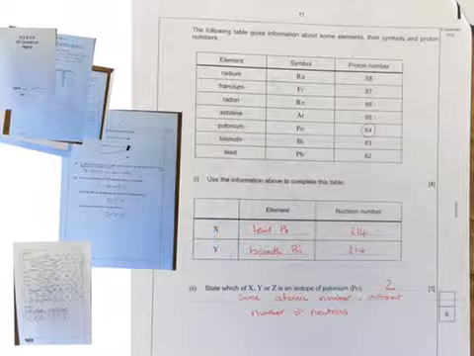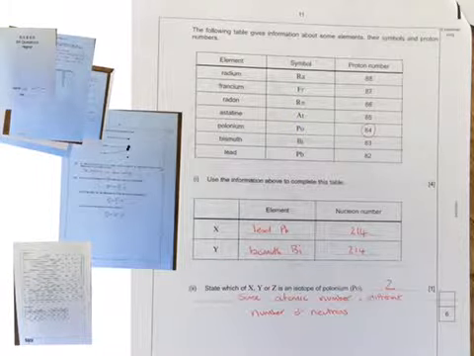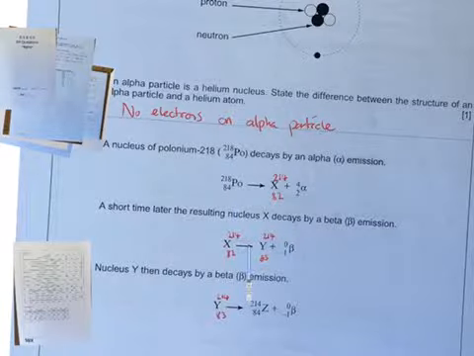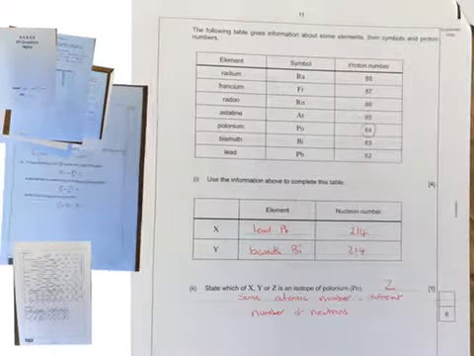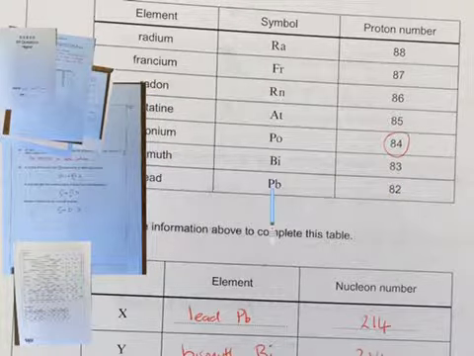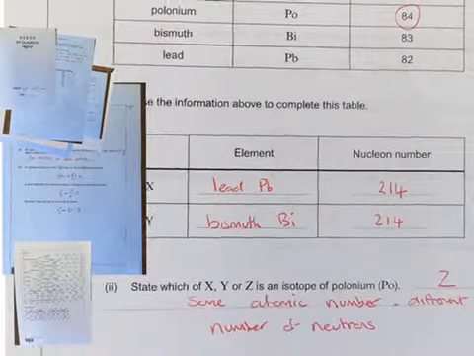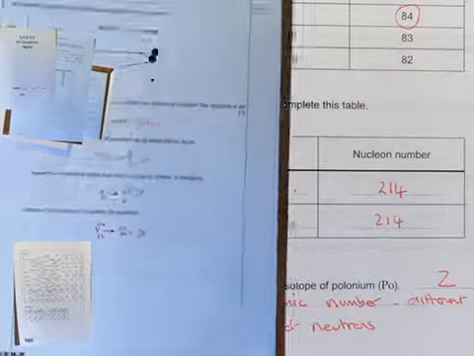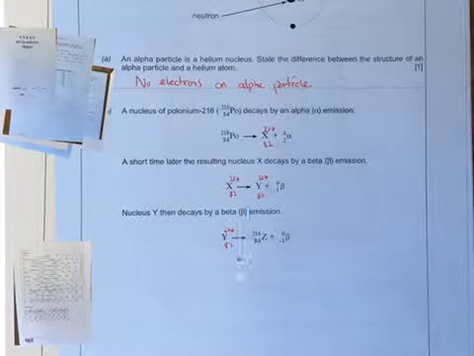So what is element X? Well, here's my table. If I look at element X, and I want to look at the small number, element X has 82 protons. And the only thing with 82 protons in here is lead. Plumbum. So that's why element X is lead, and it's got a nucleon number of 214.